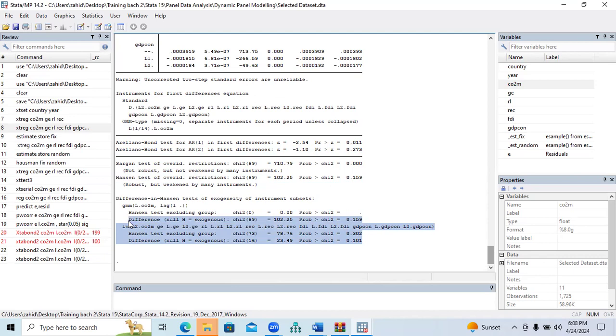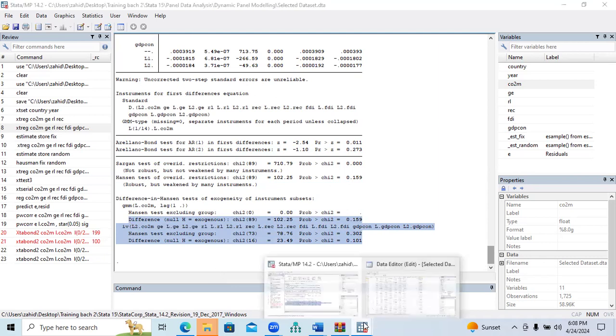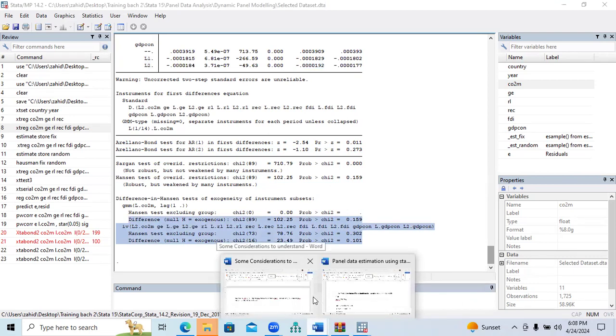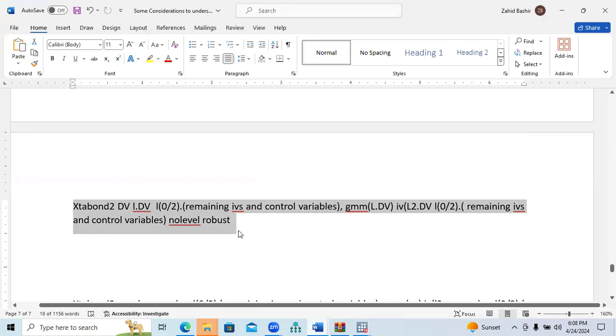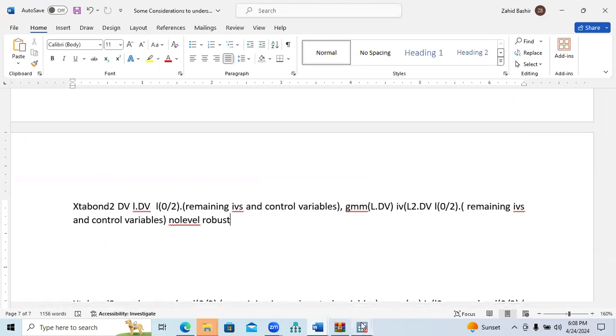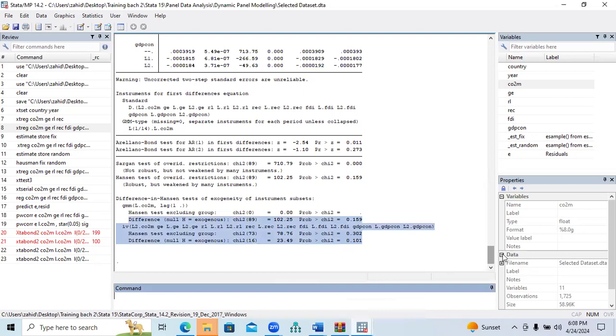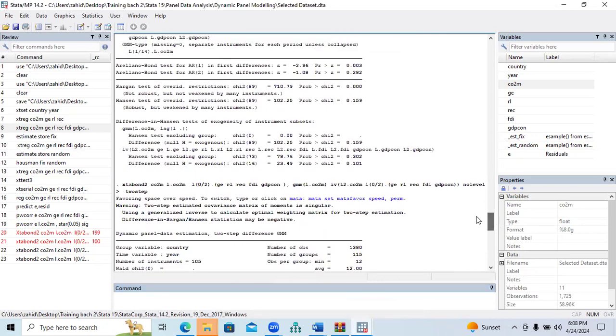Now let's suppose I need to run the system GMM here in place of difference GMM. Always remember that I need to make two changes here. I need to copy the same command like this.